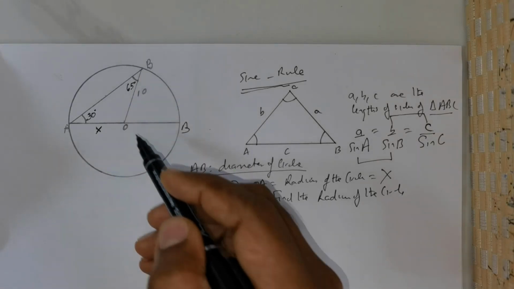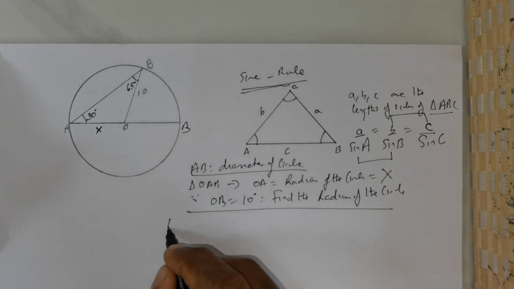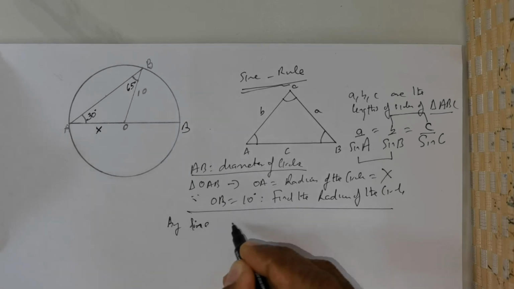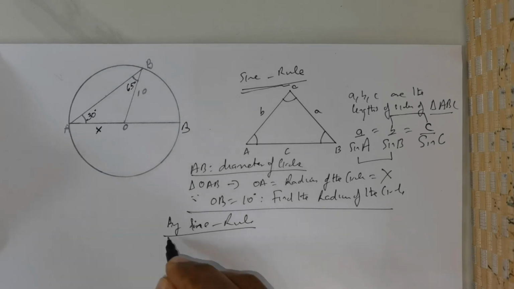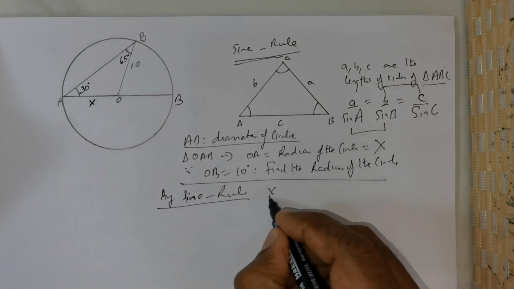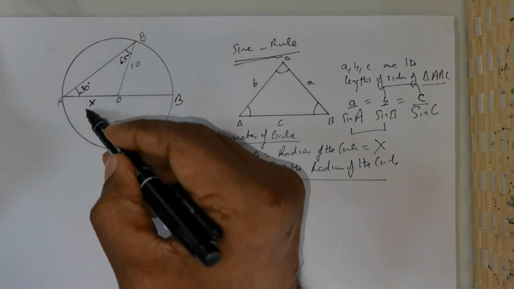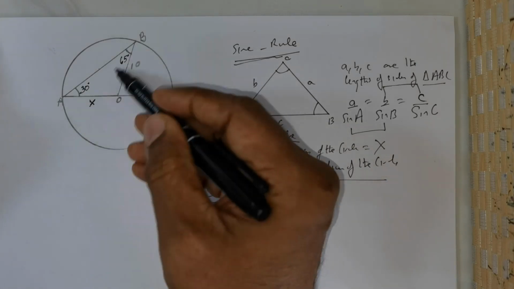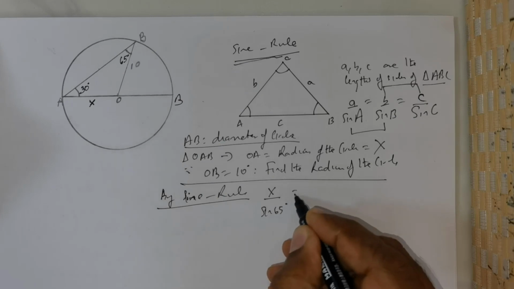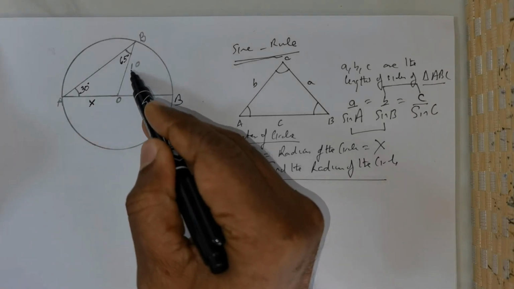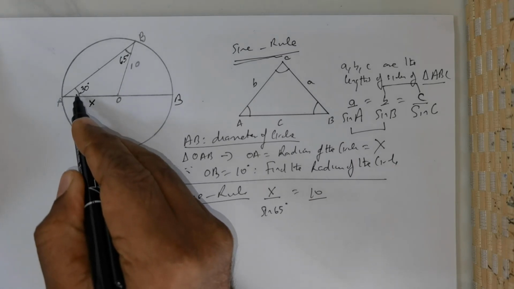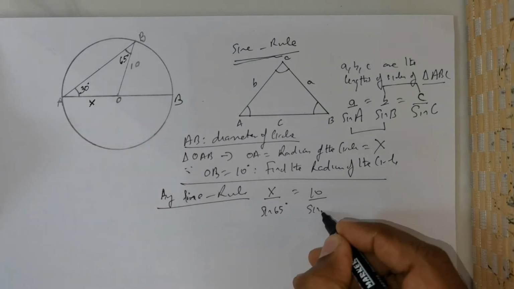So I have a triangle. I can apply sine rule. So by sine rule, what do I get? This x is required, so take that x divided by the angle opposite to x, that's going to be sine 65, is equal to, I have a known side here 10 units and the angle opposite to that is 30 degrees, so sine 30.